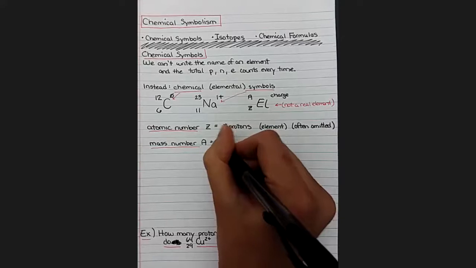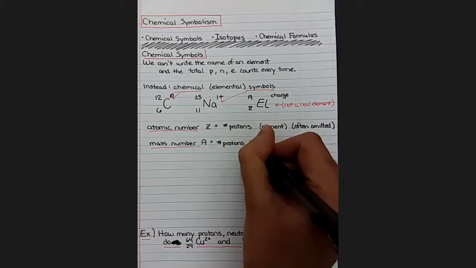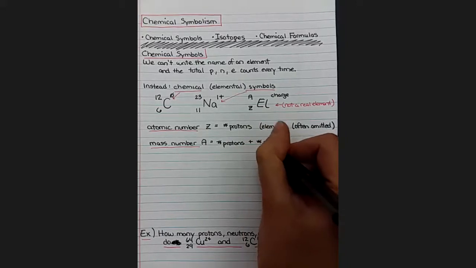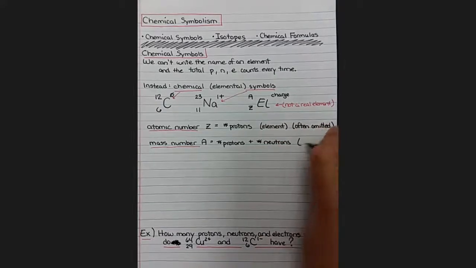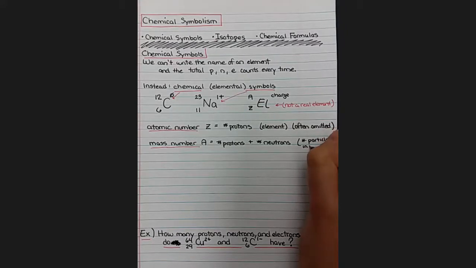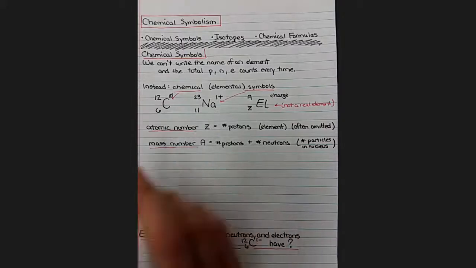So the mass number represents the number of protons plus the number of neutrons, which represents the number of particles in the nucleus. Okay, so that's what this number in the top left corner represents.